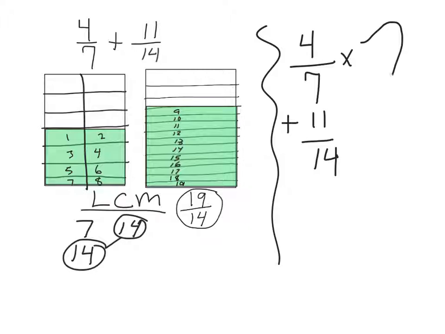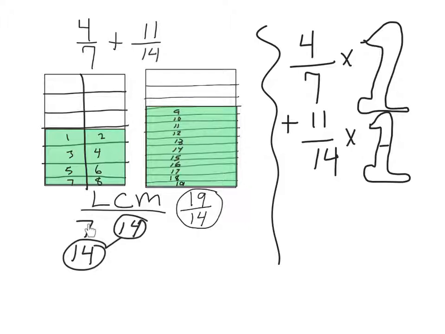So I'm going to multiply by the giant 1 for both of these fractions, right? And so if I look here, for the sevenths, I'm going to multiply by 1, 2. So the giant 1 of 2 over 2, right? And then for the 14ths, I'm just going to multiply it by the giant 1 of 1 over 1. I really don't even need to multiply it because it's going to stay the same, right?